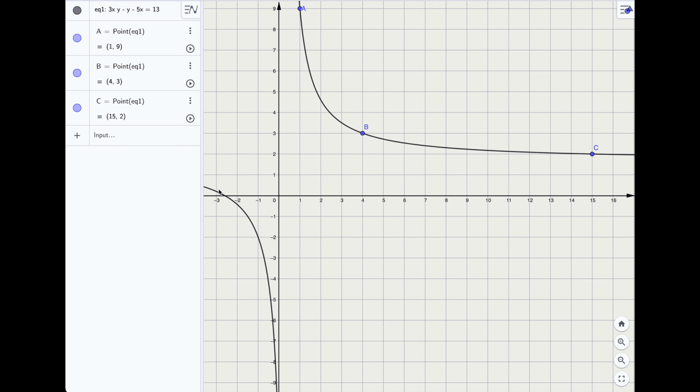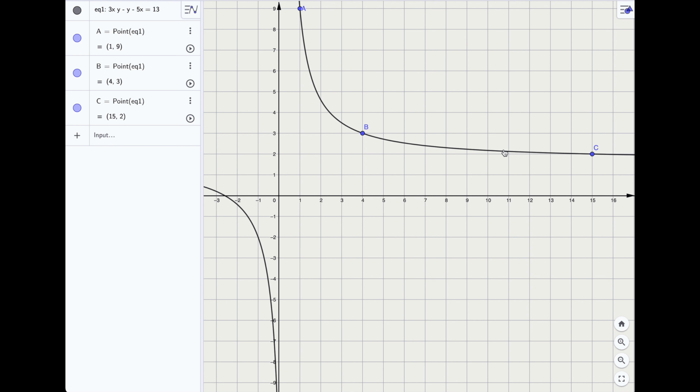But of course it was clear that this left branch is useless for us because the left branch goes to the negative values for x, but I'm looking only for natural numbers. And then, of course, I just want you to understand that even though we could see this on GeoGebra, there is no guarantee that there are no other grid points that lie exactly on this branch of the graph.